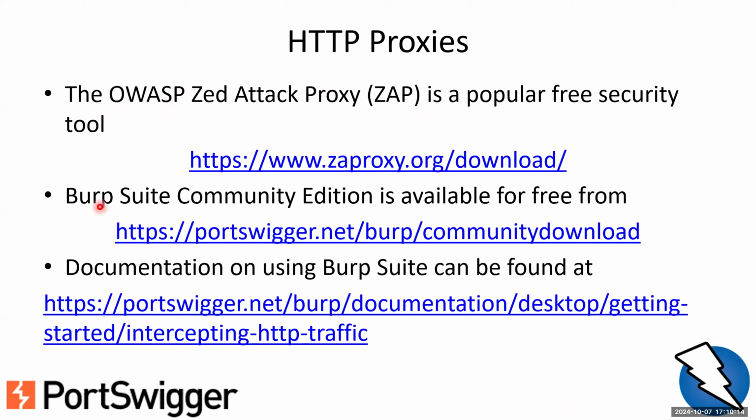And then there's the Burp Suite Community Edition. It has been my experience that the Burp Suite Community Edition is easier to use than the ZAP proxy. And you can get information on it here. Let's give it a try.